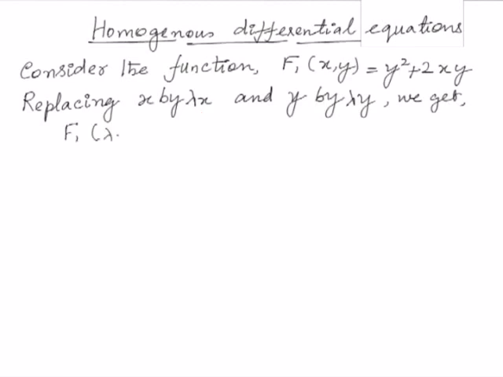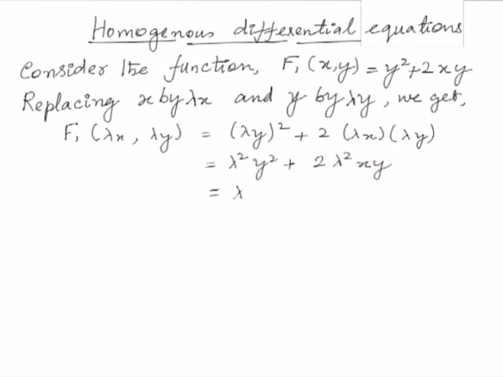So, working on the same lines, f1 of lambda x comma lambda y is equal to lambda y the whole square plus 2 times lambda x into lambda y. So, that is equal to lambda squared y squared plus 2 into lambda squared into xy. Taking lambda squared as a common factor, I arrive at y squared plus 2xy.